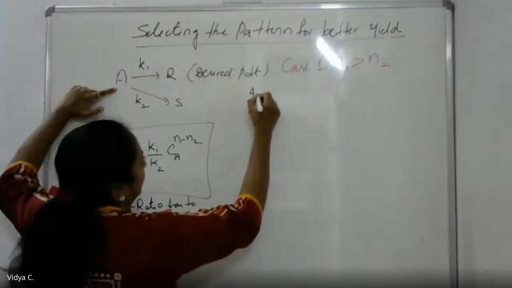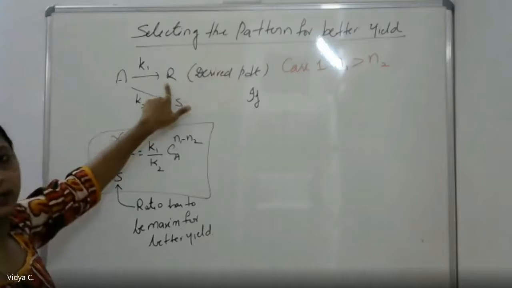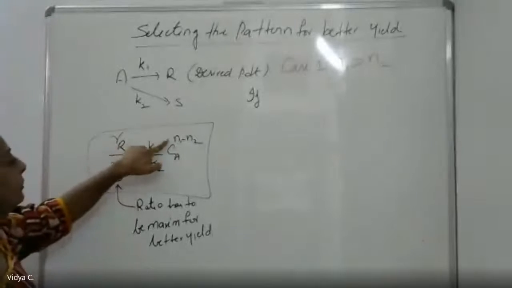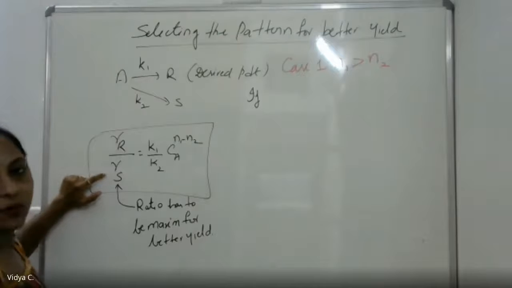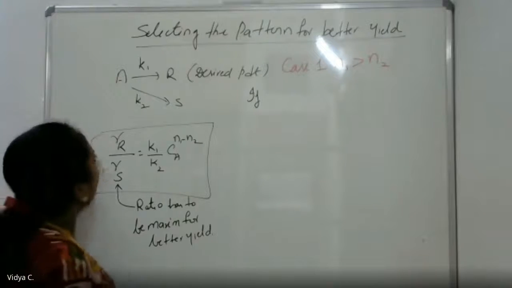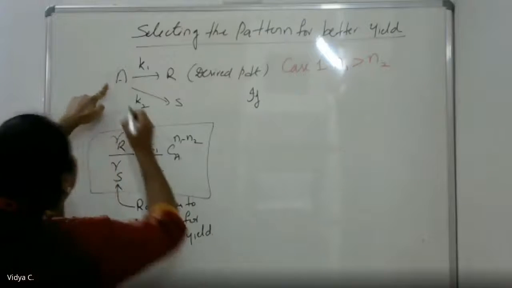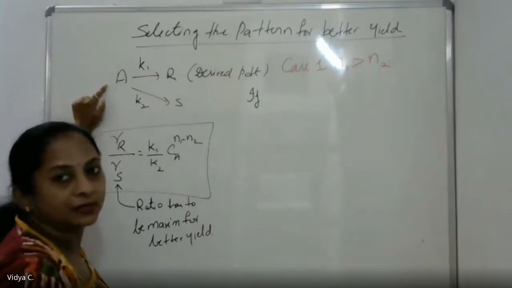If n1 is greater, this path will be greater, K1 will be greater than K2. If K1 is greater than K2 and n1 is greater than n2, obviously the ratio will be higher. And if A is higher, obviously I get more R. That is the thing.